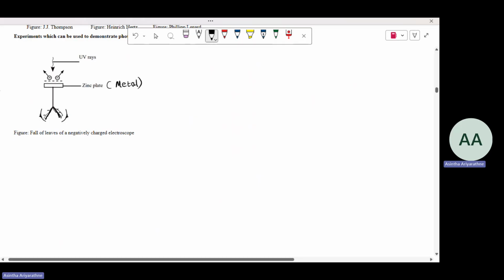So these leaves are initially negatively charged, and they can rotate around this point, meaning their inclination can be changed. Initially they are far apart because repelling forces act on them.